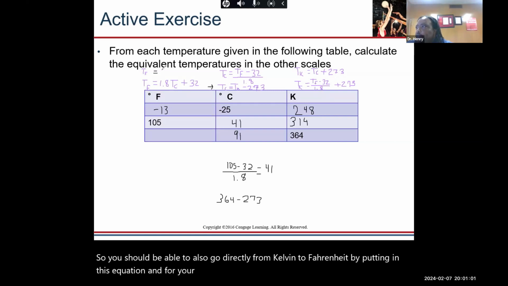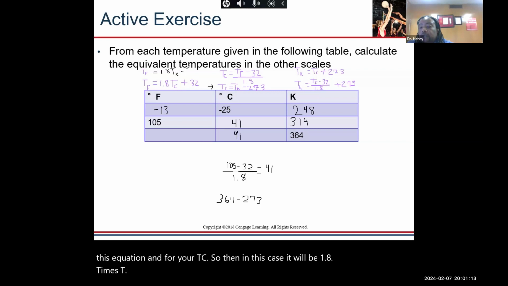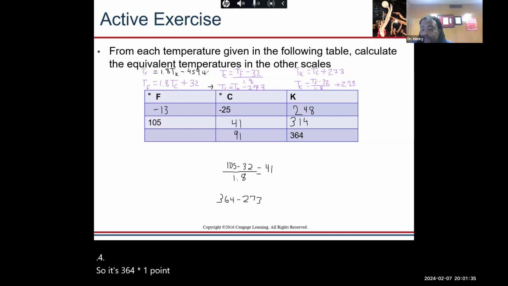So in this case, it'll be 1.8 times TK minus 459 instead of 489.4. 364 times 1.8 minus 459.